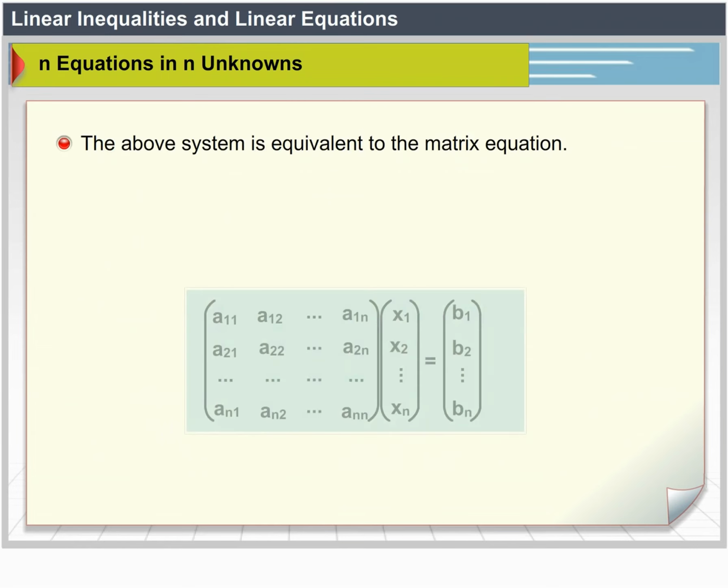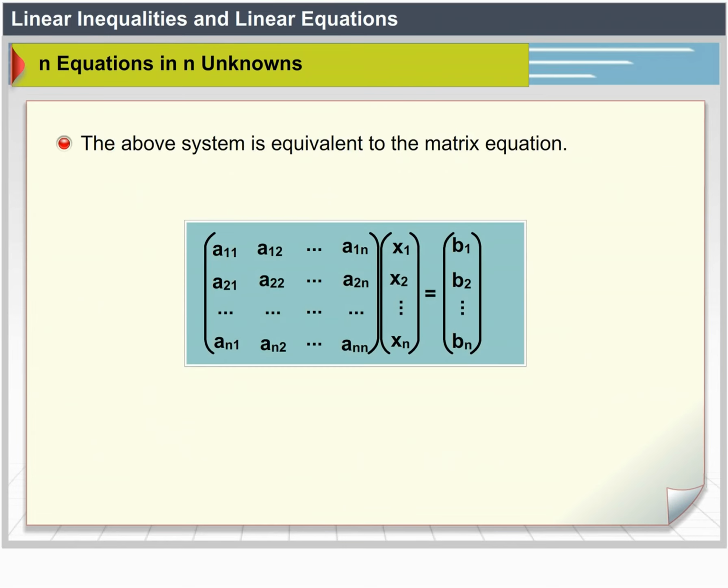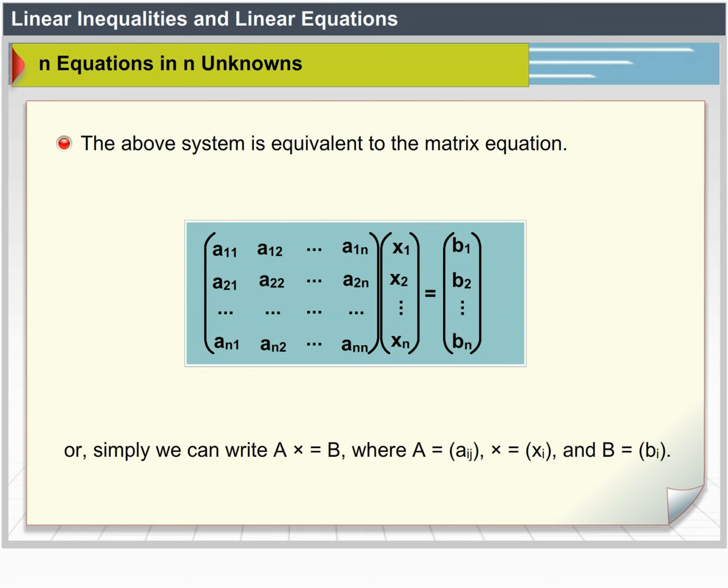The above system is equivalent to the matrix equation which is shown here. Or simply we can write Ax equals B, where A equals aij, X equals xi, and B equals bi.